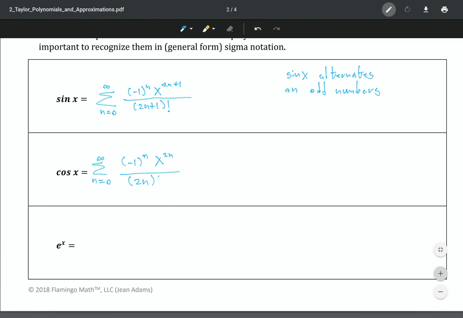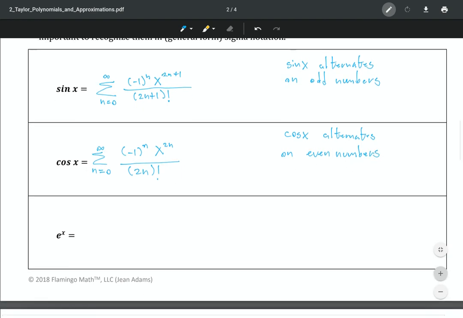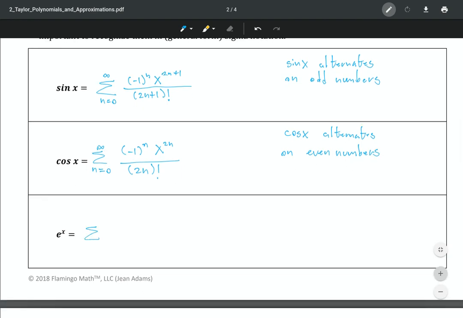Cosine, I feel like it's a lot easier for me to remember. On even numbers. And then finally we have e to the x.